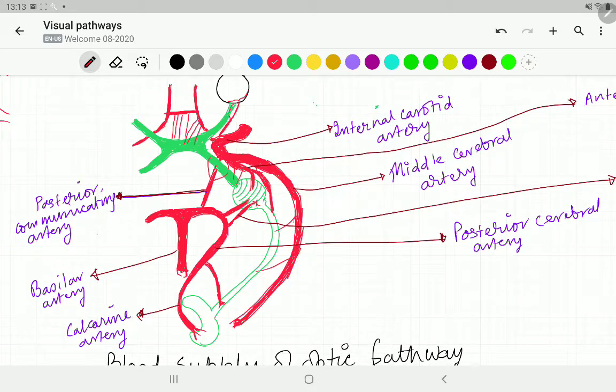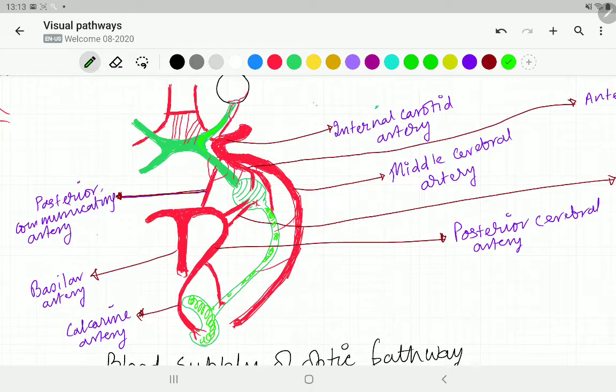As you can see, the green area is the optic nerve here, coming to the optic chiasm, then the optic tract going on to the lateral geniculate body, and subsequently going through the optic radiation to the occipital cortex. So the parts are the optic nerve, optic chiasm, optic tract, lateral geniculate body, the optic radiation, and finally the occipital cortex.